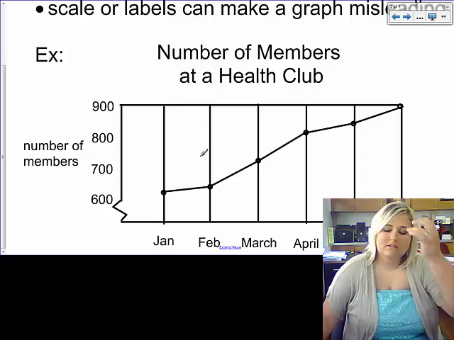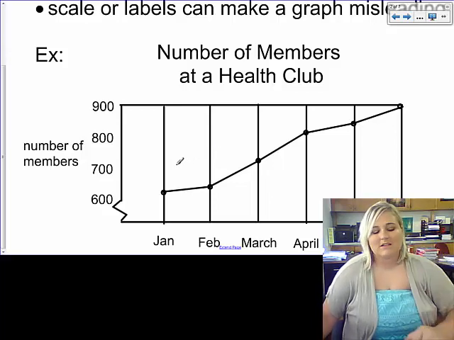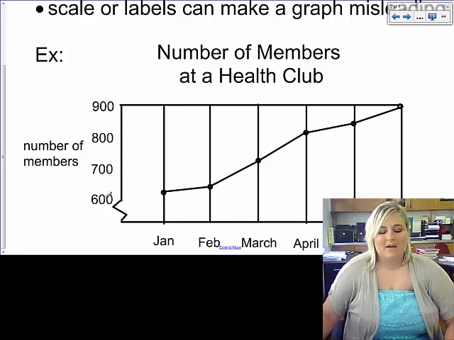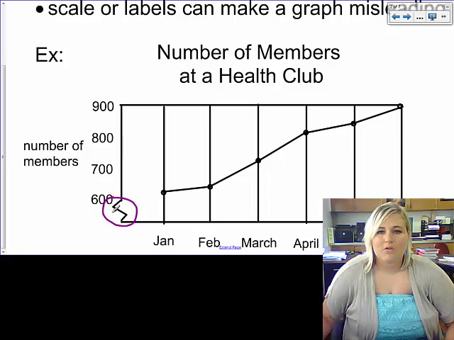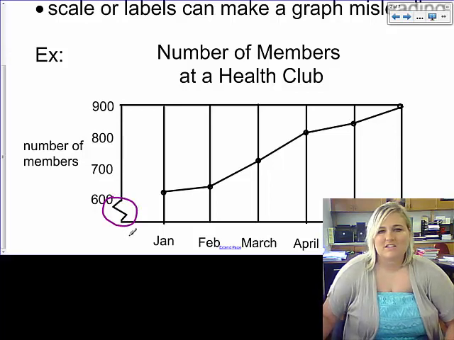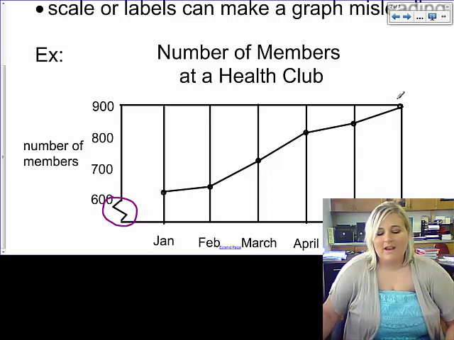Some reasons that this graph in particular may be misleading is because of this right here. This is a broken scale. That tells us that it's not starting at 0, we're starting right here at 600. The reason that this makes our graph look misleading is because it starts down here really low, and it looks like it's climbing really high.